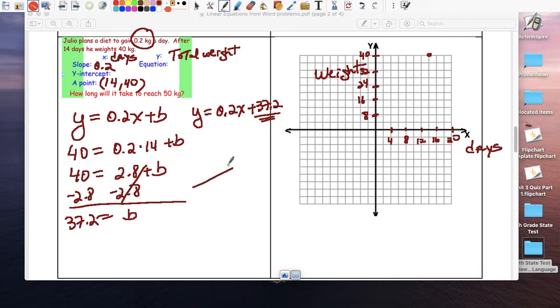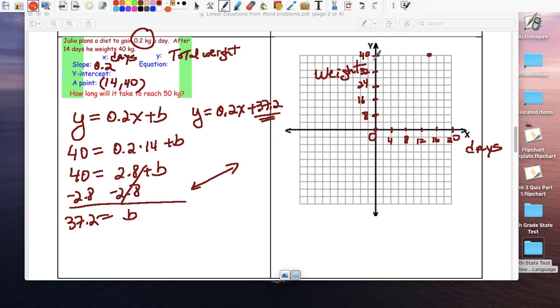And this is obviously a line that goes up, right, because he's increasing in weight. We found that the y-intercept is 37.2. So at day 0 of this experiment, let me put a 0 here, he was 37.2. Let's find 37.2: this is 24, 32, 36, 40.